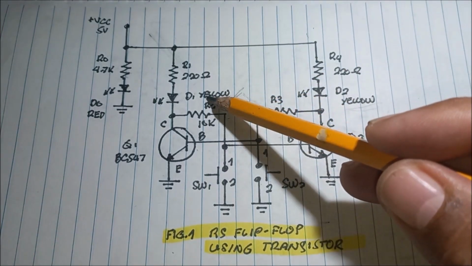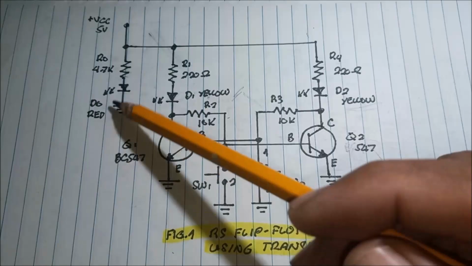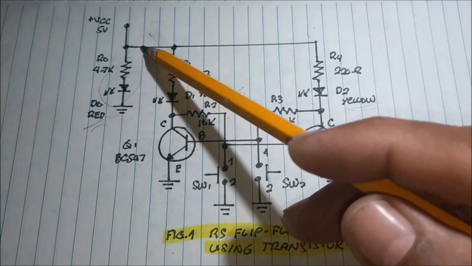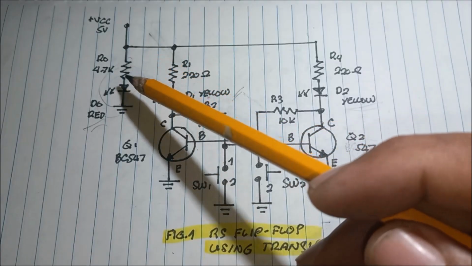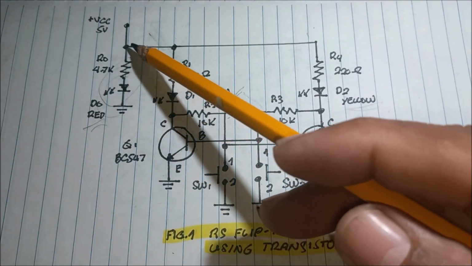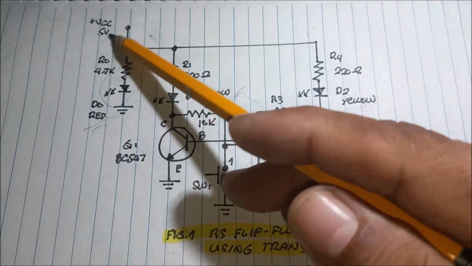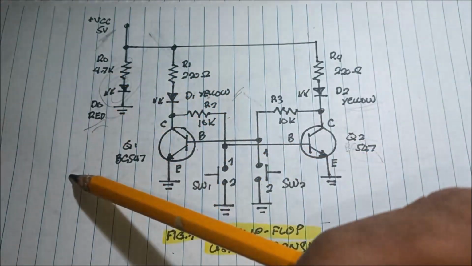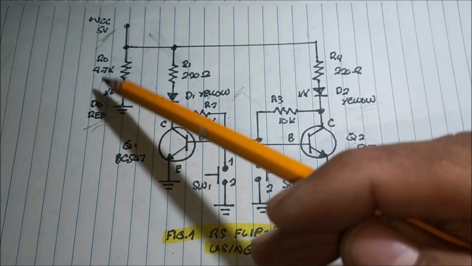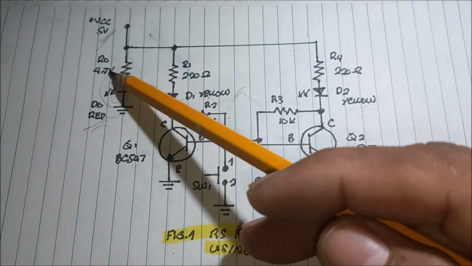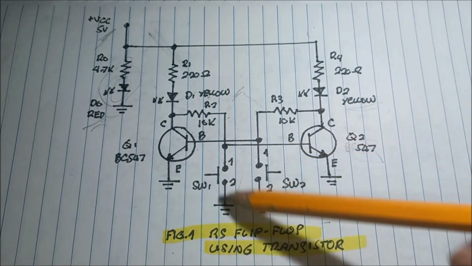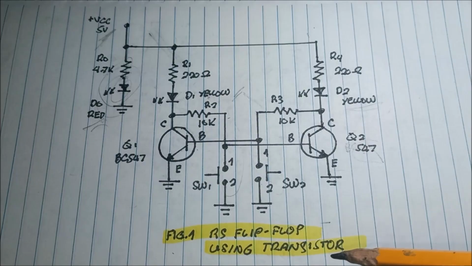Yellow, output 1, output 2. And then this is a power LED, red, just to know that the circuit is on, for monitoring of the power. Once we connect the 5 volts power bank, it will turn on. This red LED is in series with the 4.7 resistor. Then we have these 2 switches, switch 1, switch 2.